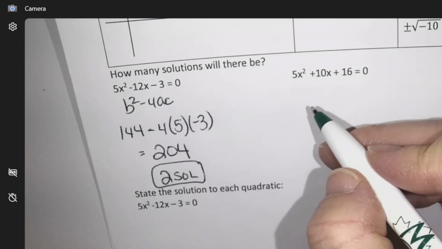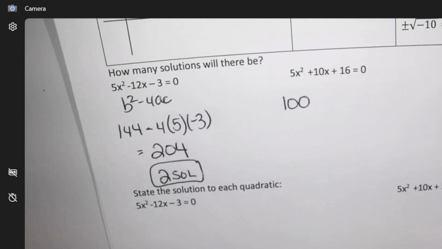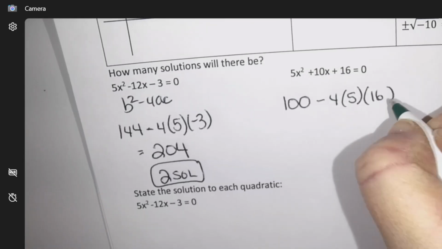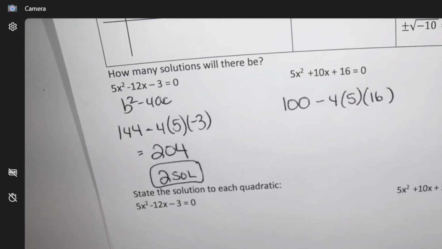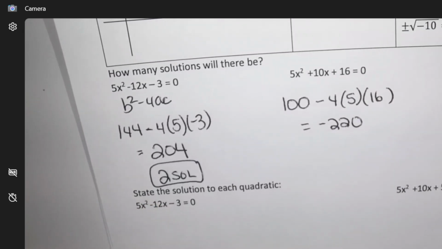Okay, number 2. B squared, so 100. Minus 4 times 5 times 16. So I got a negative 220 out of that.